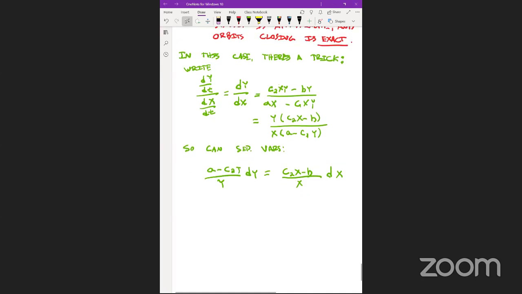Okay, so now what you get out of this is not an actual function. It's not what you'd like to get. But you do get a relation for the solutions.